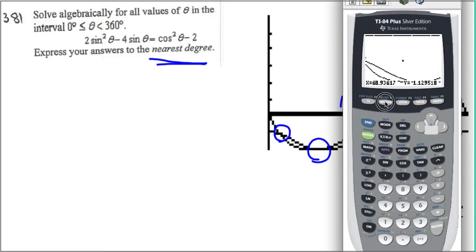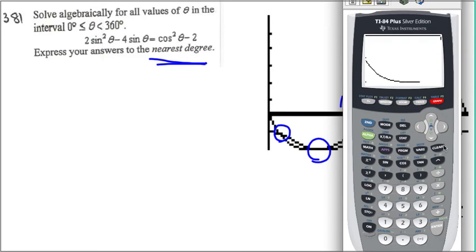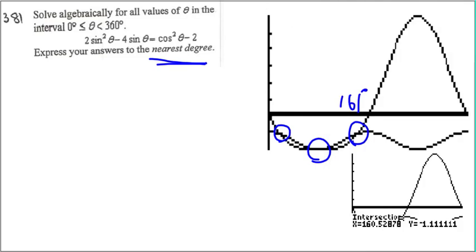So let me just set up the window a little bit more. I'm going to just say 20 degrees and 120. So we're looking for that value. That's one value, 90 degrees. And we just have to find that value.